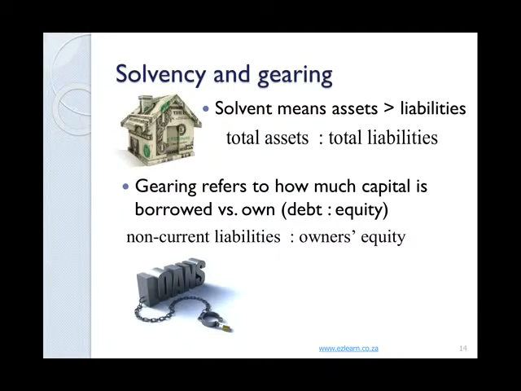Notice that we exclude current liabilities as we are looking at investments in the long term. Owner's equity, however, needs to include our basic capital, in this case for a company share capital, as well as any retained profits, in other words, accumulated profits, retained earnings, etc.